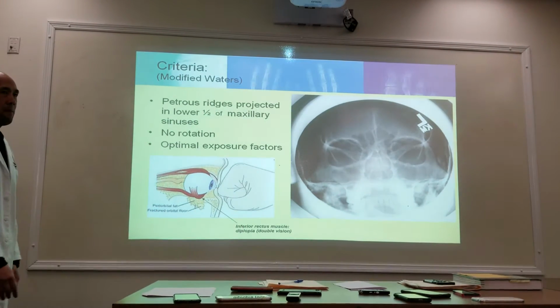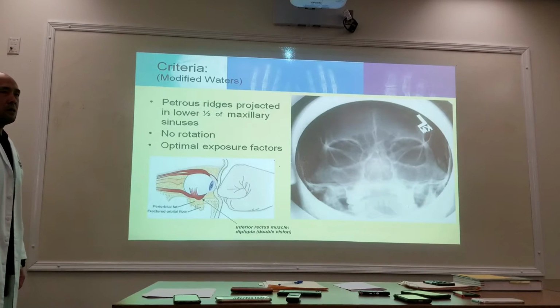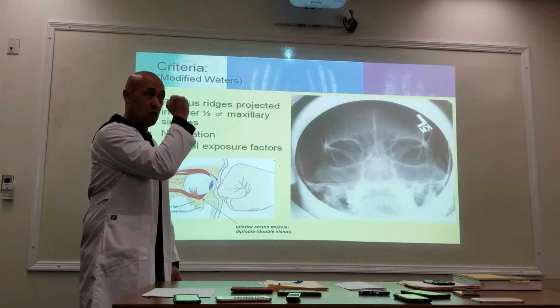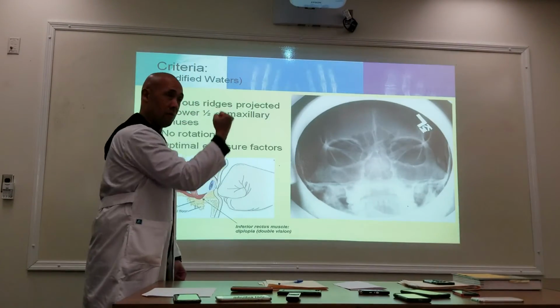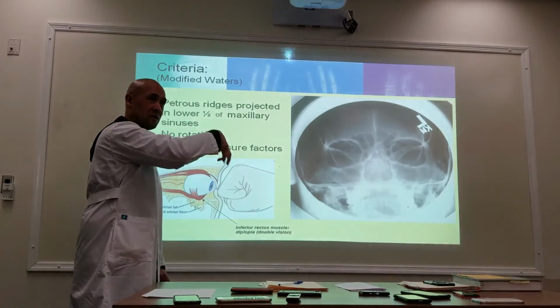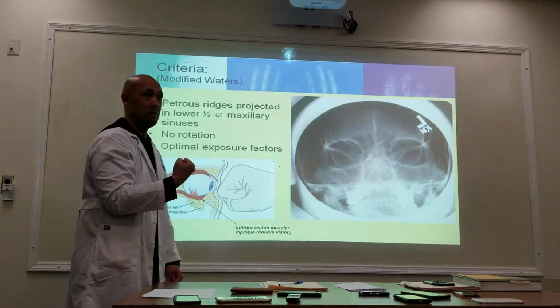How does being hit in the eye in this way cause the fracture? Because the muscle itself is attached to the floor, so the lower fracture is actually going to pull and project the floor of it into the maxillary sinuses. So it's all from the tension of the muscles around that area.